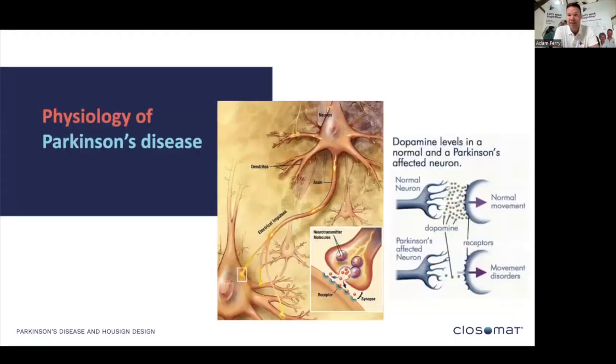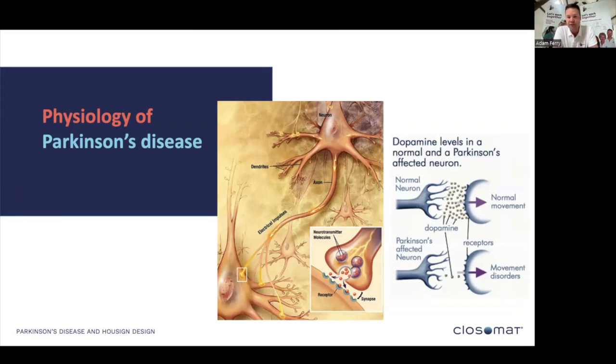A little bit here, going back to when we were studying at college or university around Huxley's sliding filament theory. I'm not going to go into this in an awful lot of depth, but I think it's quite interesting and important for us to understand the physiology behind the neurology and the changes it makes to the nerves and how signals flow from nerves to muscles.